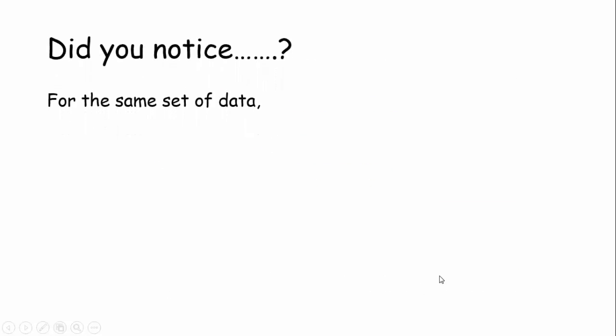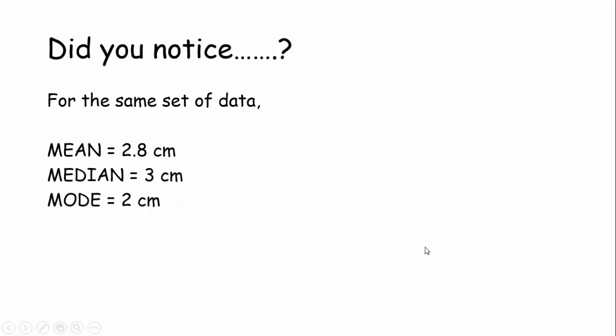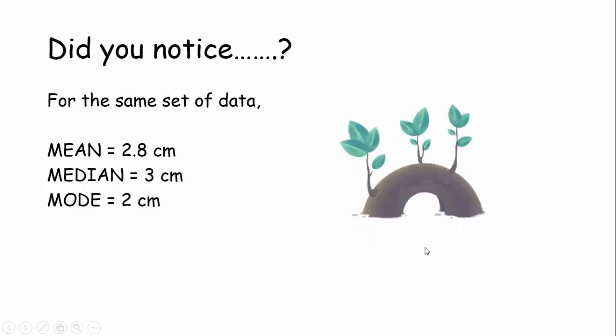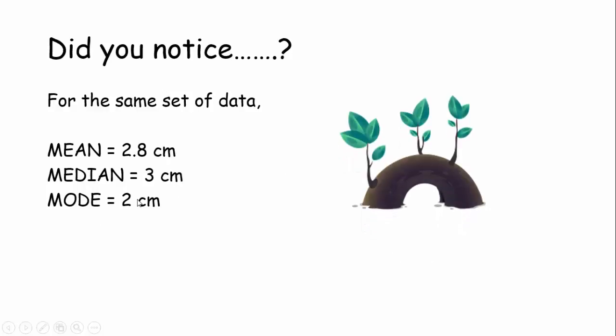Now, did you notice that for the same set of data, mean is 2.8 centimeters, median is 3 centimeters, and mode is 2 centimeters. So it's different. But you can still say that mean and median are closer together and the mode is slightly apart, but still they all hover around the 2 to 3 range.